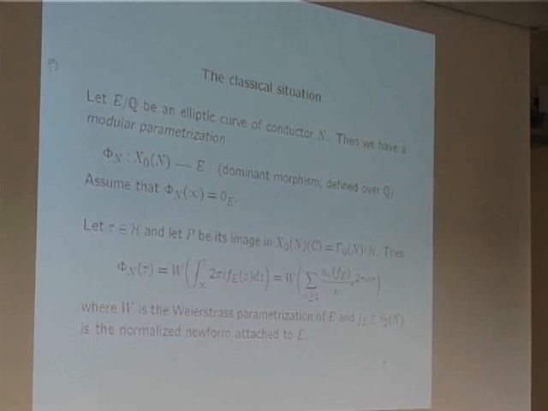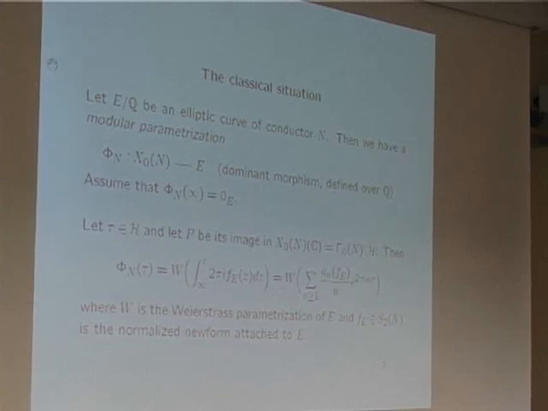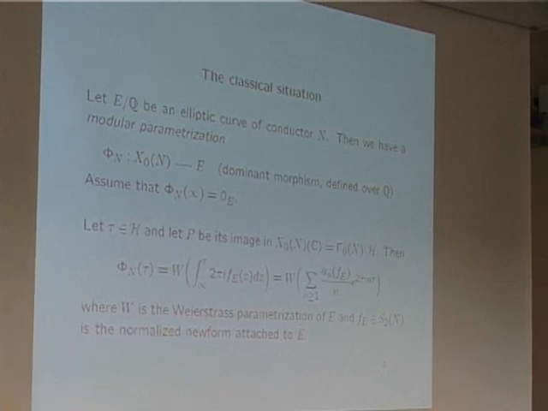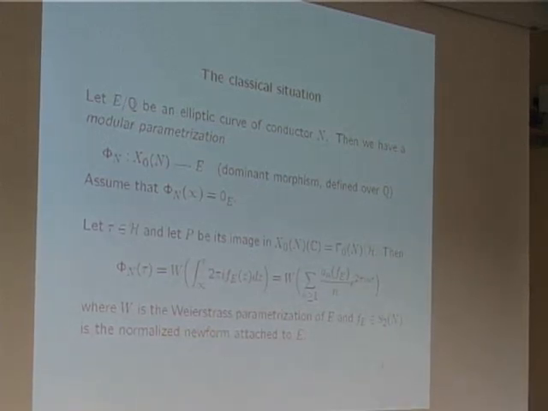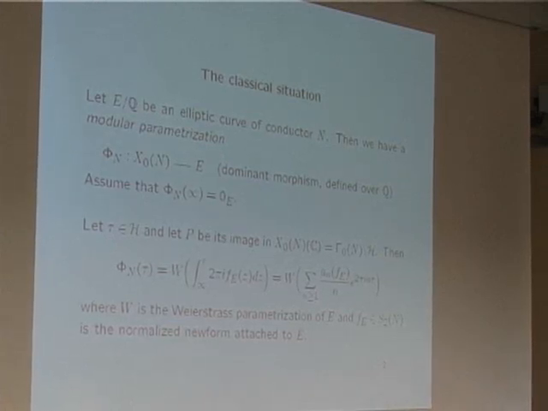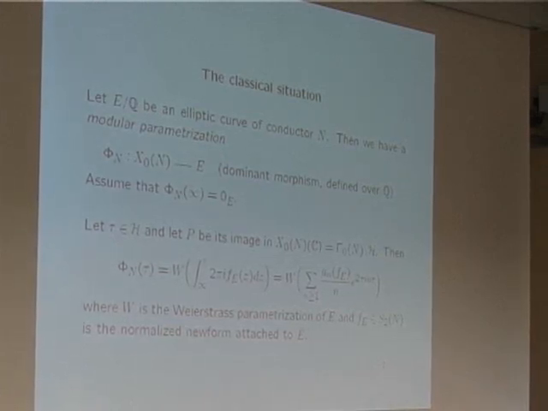Now, we have a very nice formula for this parameterization if we look at complex points. If we let tau be in the upper half plane, and we let P be its image in the set of complex points of this modular curve, then to get the image of tau under phi_N, you integrate the newform attached to E from infinity to tau, and then apply the Weierstrass uniformization.